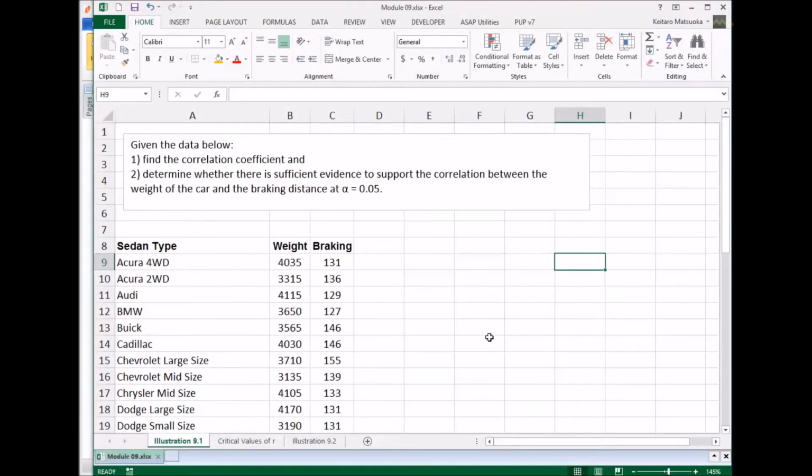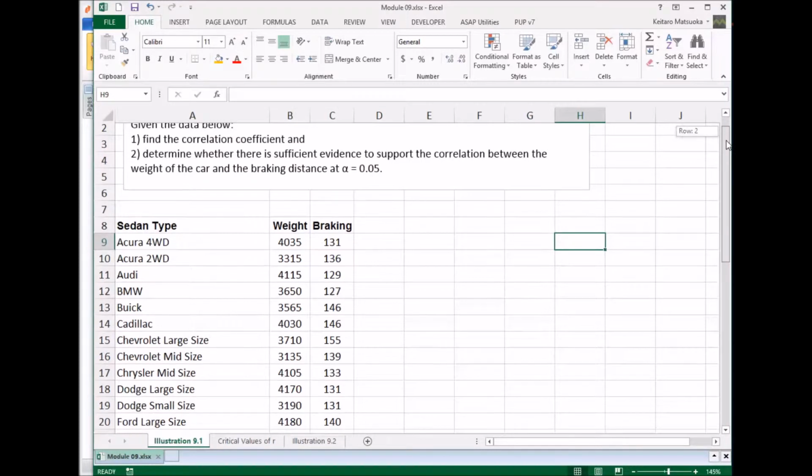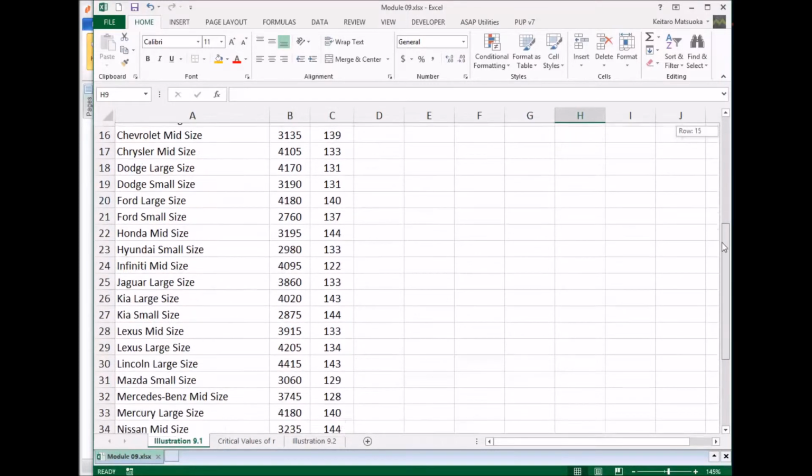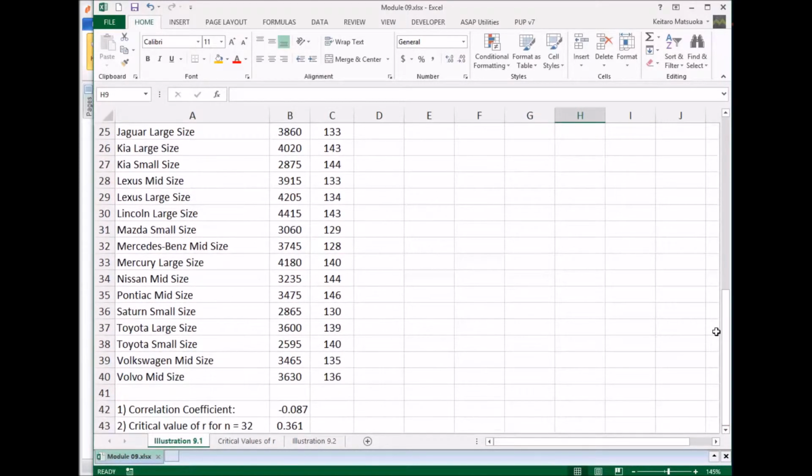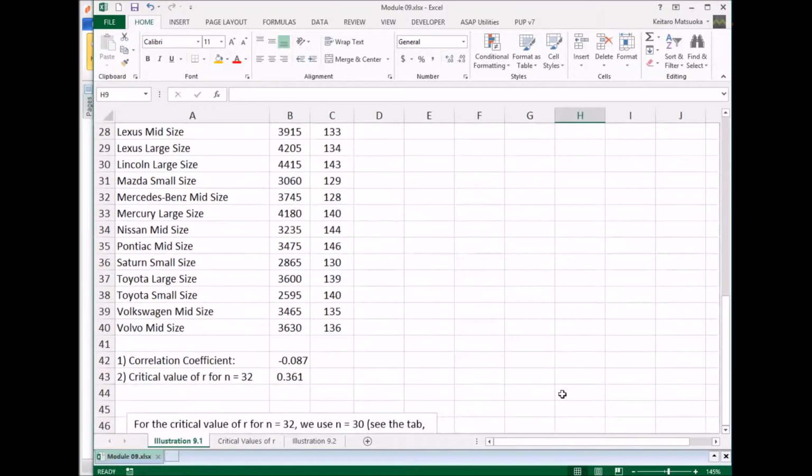Given the data below, find the correlation coefficient first, and then determine if the correlation coefficient is significant using alpha of 0.05. So here's the data of sedan types. I want to know the correlation between the weight and the braking distance. So I collected the data for all these car types. Here I calculate the correlation coefficient.